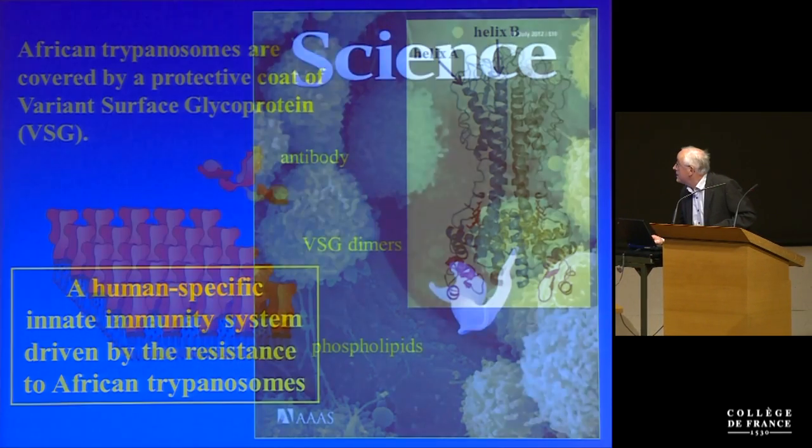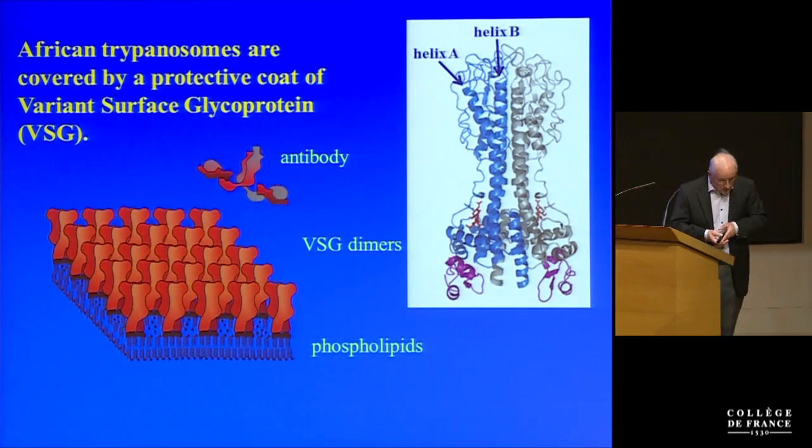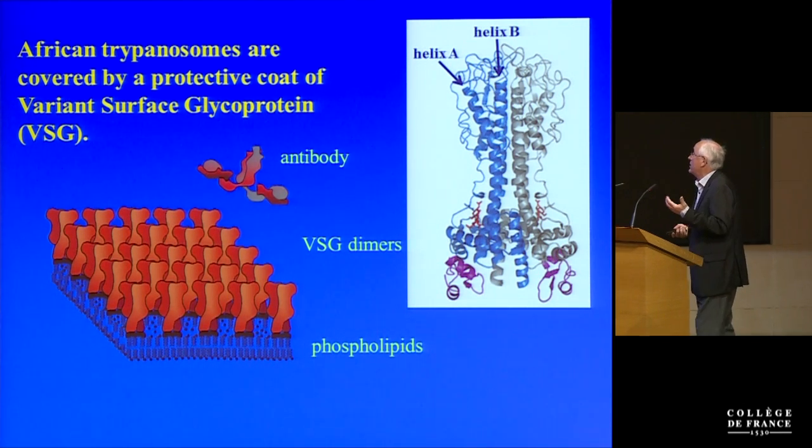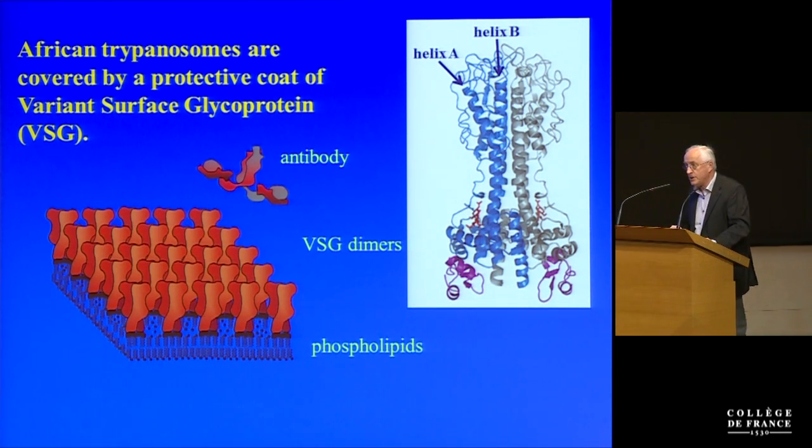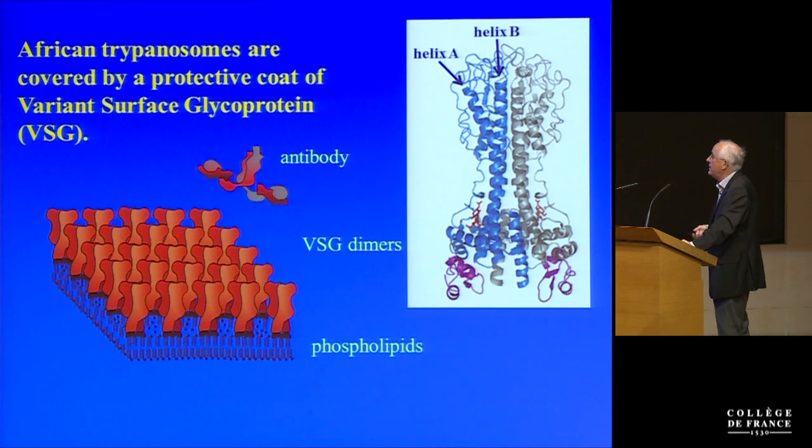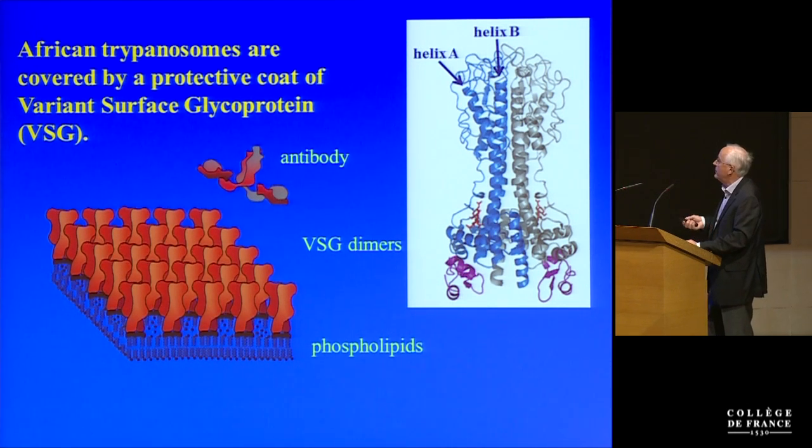So the most characteristic feature of the interactions that take place between these African trypanosomes, particularly, and mammals, including humans, is the fact that these parasites are fully covered by a very dense coat made of something like 10 million identical glycoprotein molecules that are called variant surface glycoproteins, or in short, VSG.